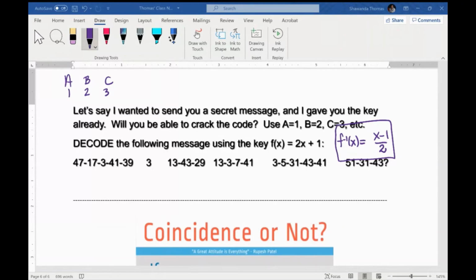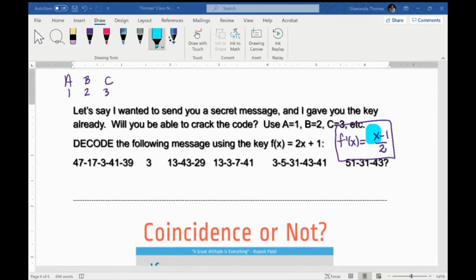All right. To figure out the first letter, we have a 47. We're going to plug it into the x over here. So let's say 47 is our input value. If we plug 47 into our inverse function, we get 47 minus 1, which is what? 46.